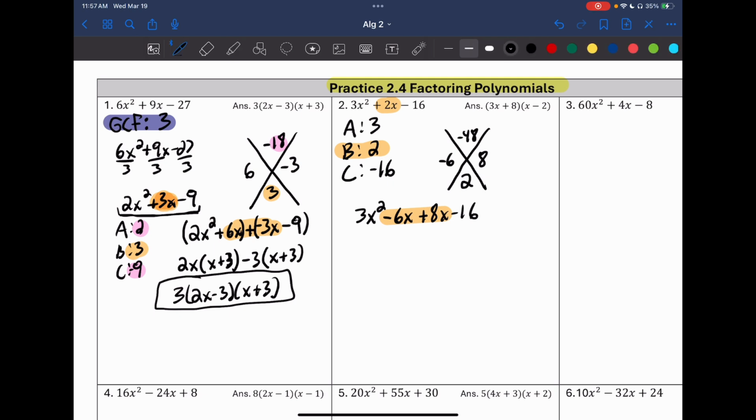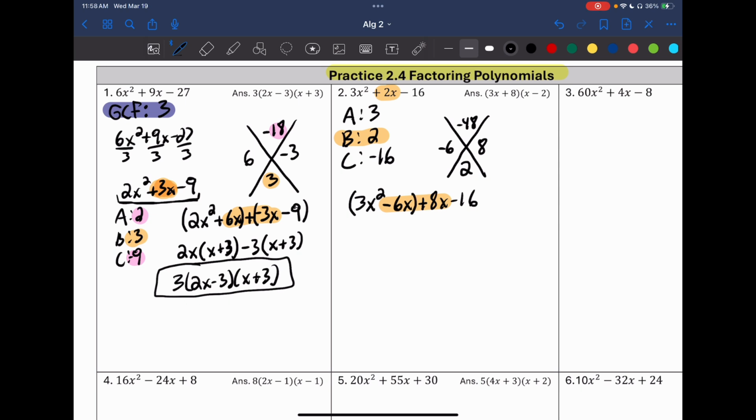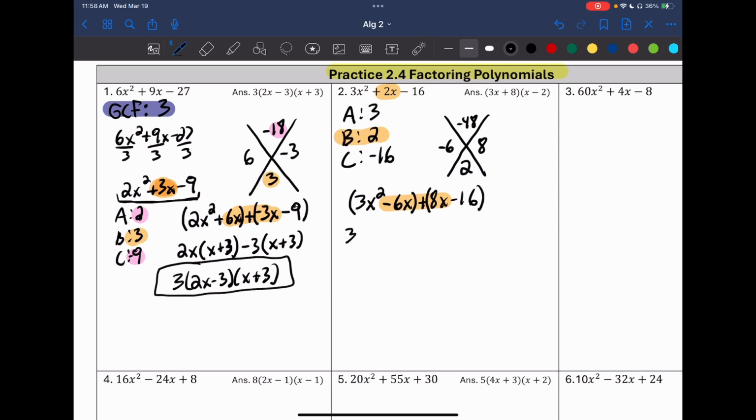Okay. Now we want to put parentheses around the first two terms, parentheses around the second two terms, and factor out the greatest common factor from both. So it'd be 3x times x minus 2 plus 8 times x minus 2.